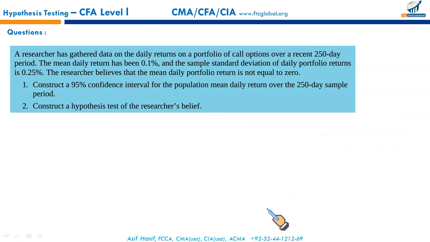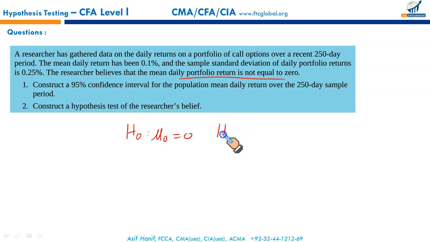All right, now let's do the second part. Construct a hypothesis test of the researcher's belief. Okay, first of all, we need to specify the null and alternative hypothesis. That's the first step. So the null hypothesis here is the one the researcher expects to reject. So the null hypothesis is that mean is equal to 0, and the researcher believes that it is not equal to 0.